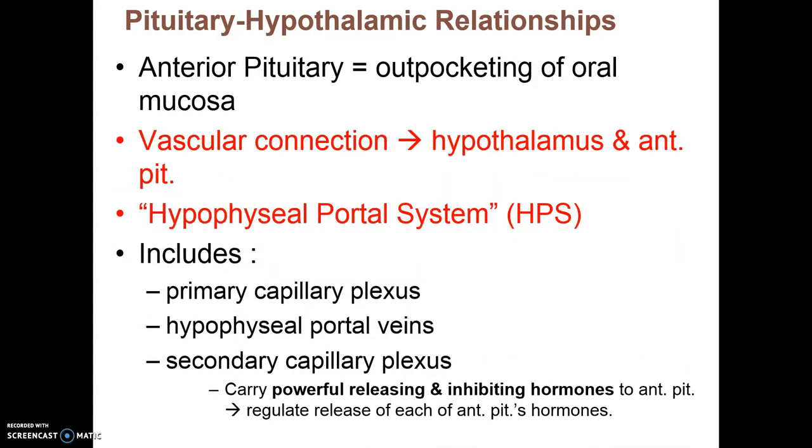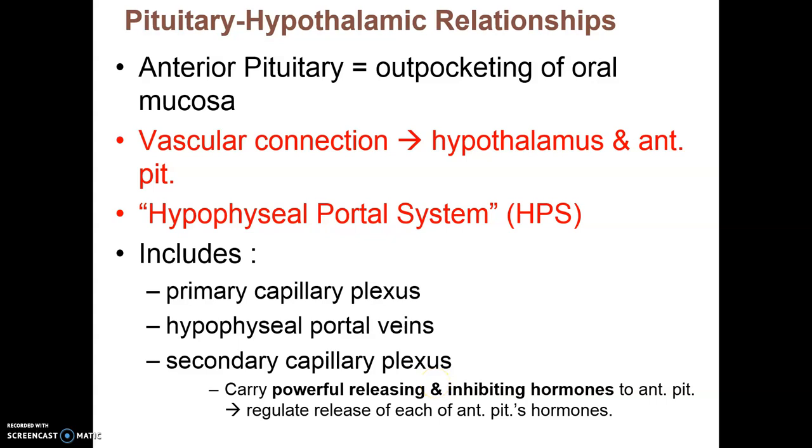Anterior pituitary. The anterior pituitary has a vascular connection with the hypothalamus. It has the hypophyseal portal system. What does the hypophyseal portal system include? It includes a primary capillary plexus which supplies the hypophyseal portal vein, and the portal vein supplies the secondary capillary plexus.